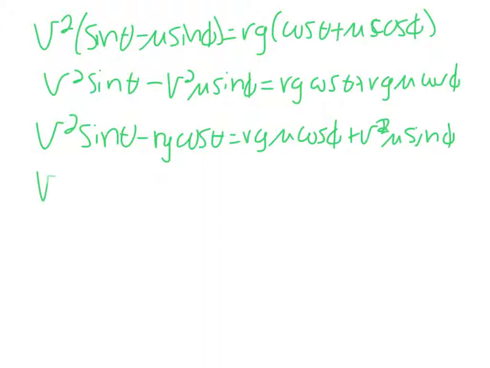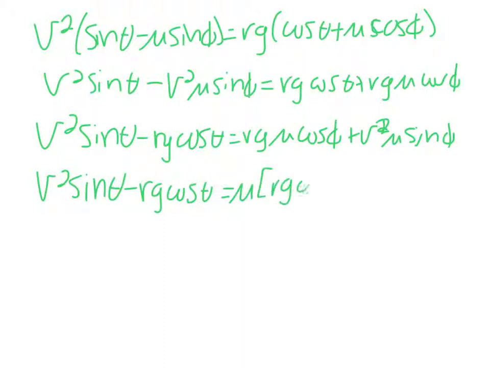Distributing out that mu, we get V squared sine theta minus Rg cosine theta equals mu times Rg cosine phi plus V squared sine phi. Okay, dividing both sides by the mess on the right to get mu completely isolated.